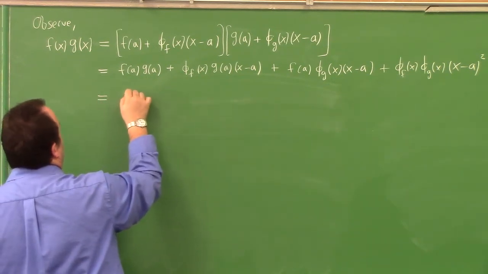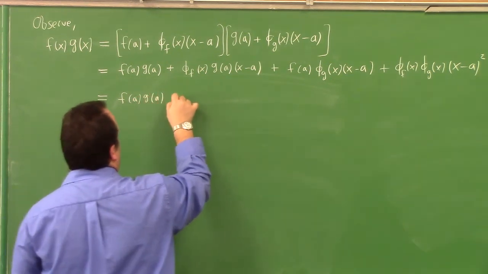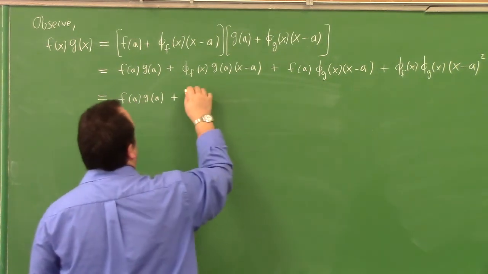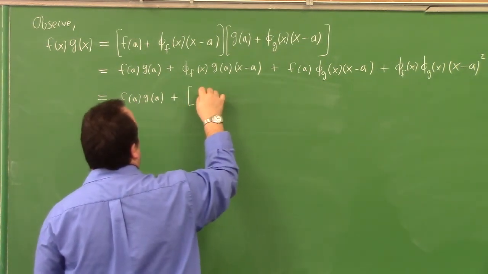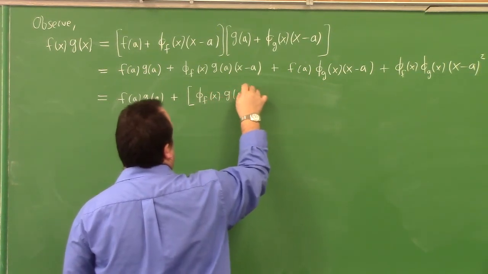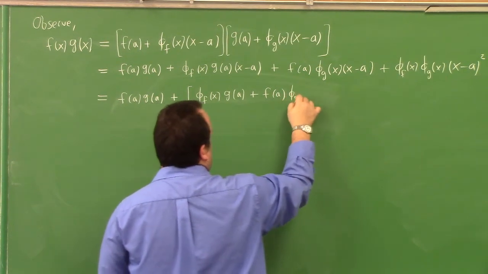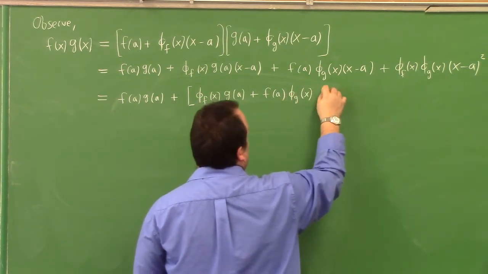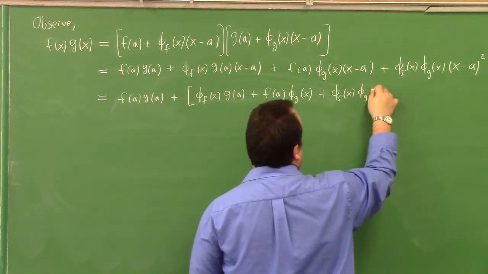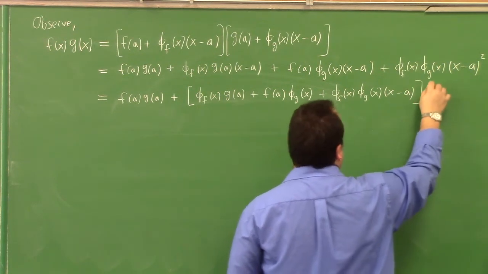So I could rewrite that as f of a, g of a, plus big parentheses, phi f of x times g of a, plus f of a times phi g of x, plus phi f phi g times x minus a, all times x minus a.